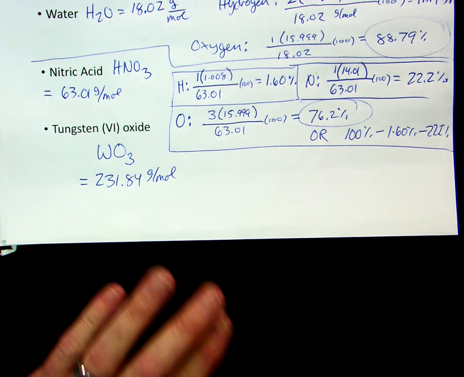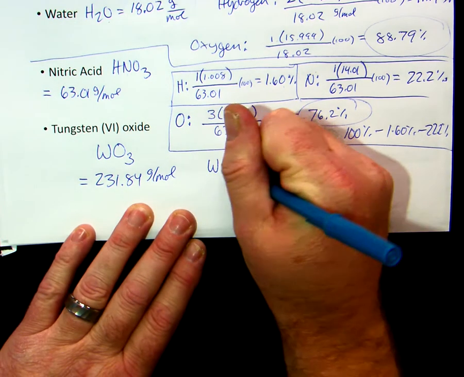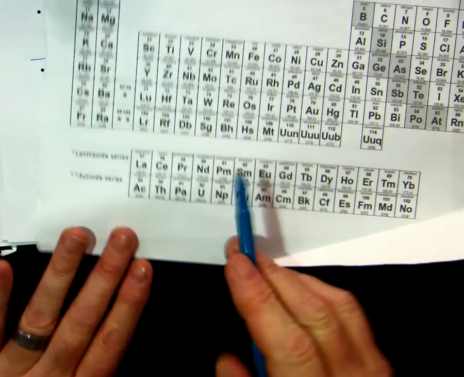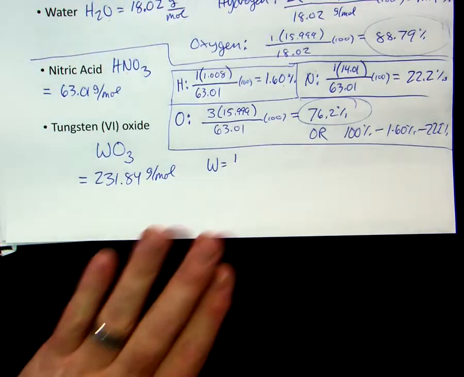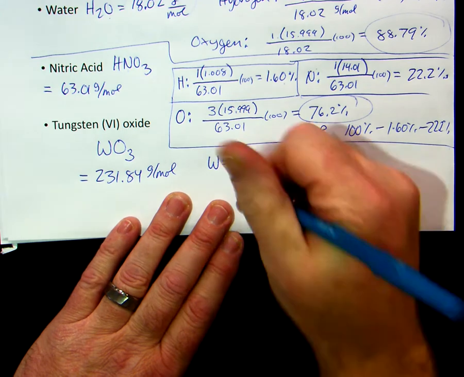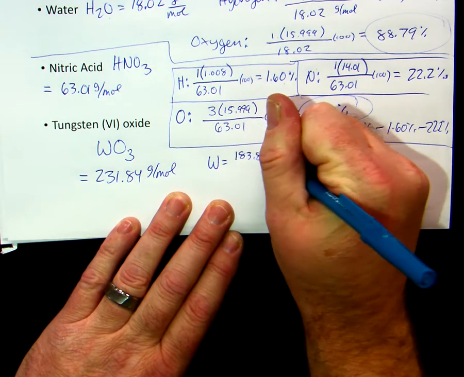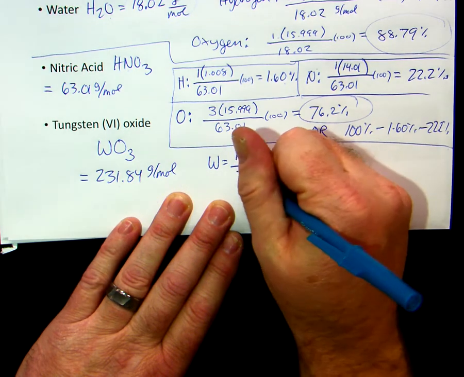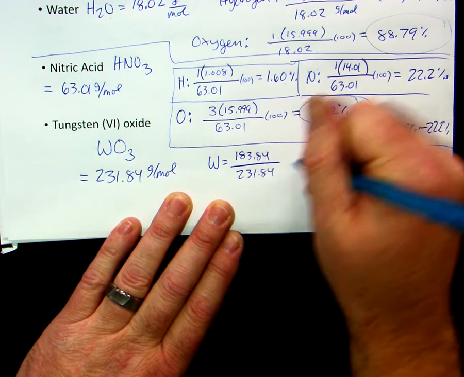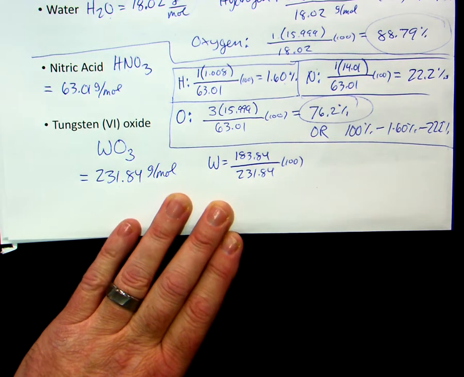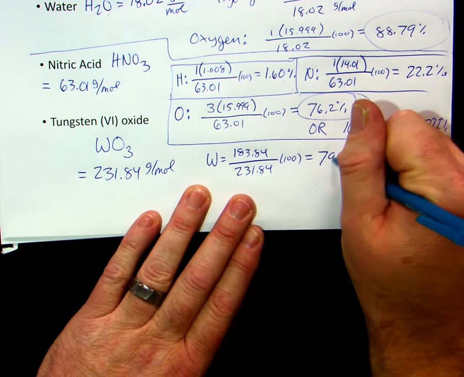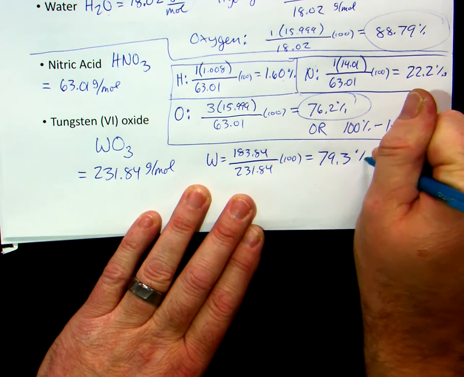All right, so the mass of the tungsten, W, on the periodic table, it's right here, is 183.84. So I'm going to compare that to the mass of the whole molecule and make it a percentage by multiplying by 100. And I get 79.3%.